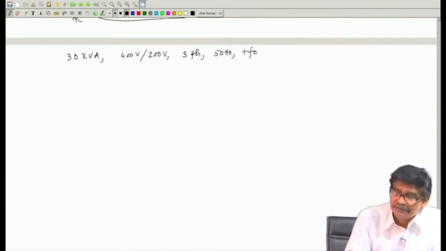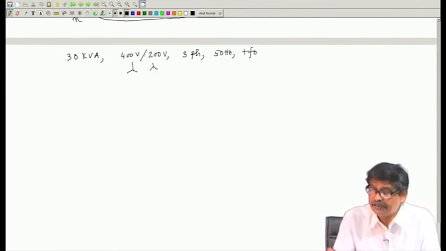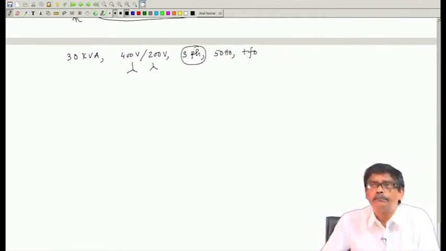Anyway, calculator is not needed. Okay. Now, I say that the transformer is star connected, and it is a 3 phase transformer, not a bank of 3 single phase transformers put together.